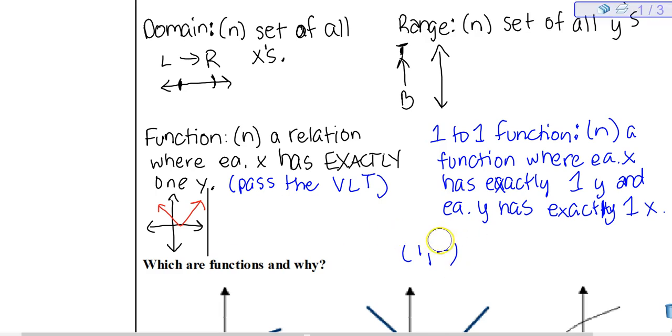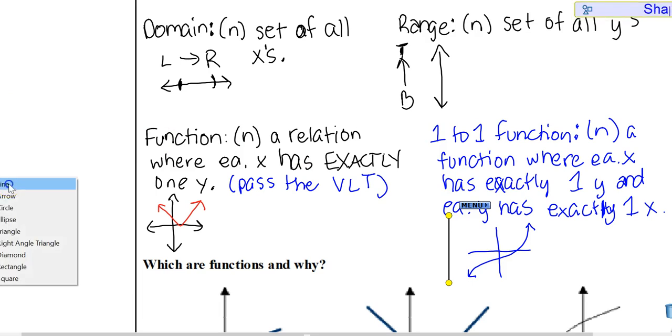So if I were to draw a picture of a one-to-one function, I could maybe draw a cubic function that goes like that. Okay, so we know this is a regular function, right? Because it passes the vertical line test. Look, passes it? Yes? What other test do you think it's going to pass?